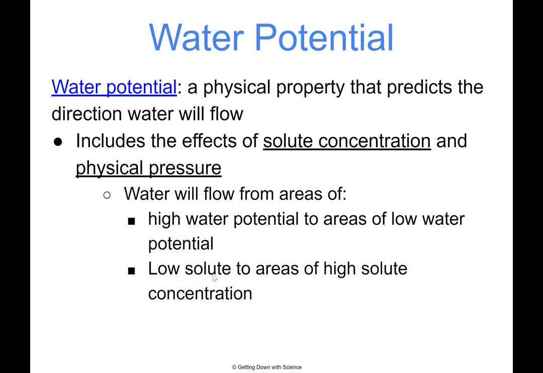Low solute areas to areas of high solute. So remember, we're moving from where there's less of the little extra particles to the higher so we can dilute them. But that means that we're going from high water potential to lower water potential.